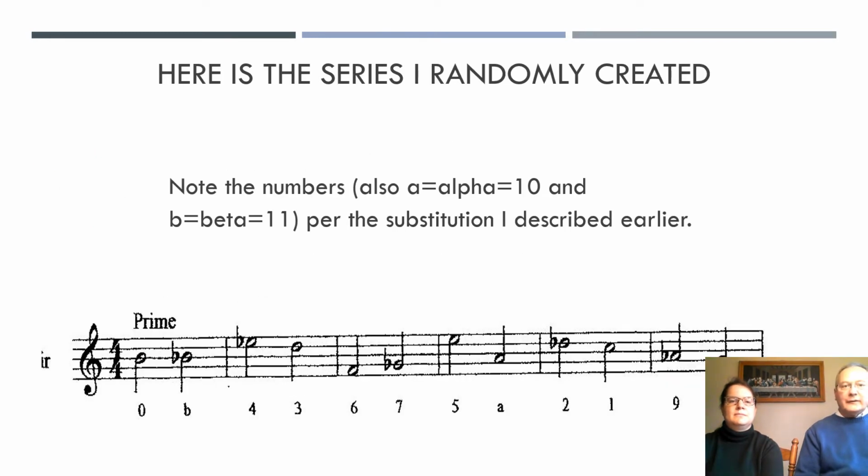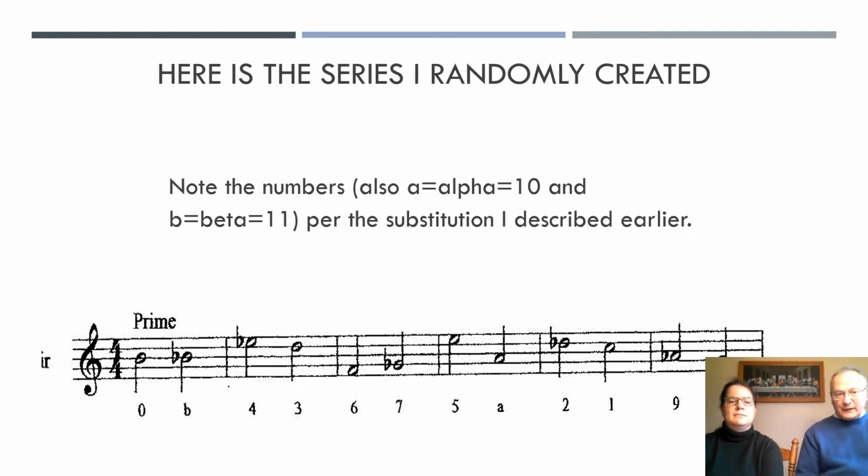This is the series that Cindy randomly created using the pull-the-paper-out-of-the-hat trick. So note that A equals alpha equals 10 and B equals beta equals 11 per the substitution that she described in the prior slide.